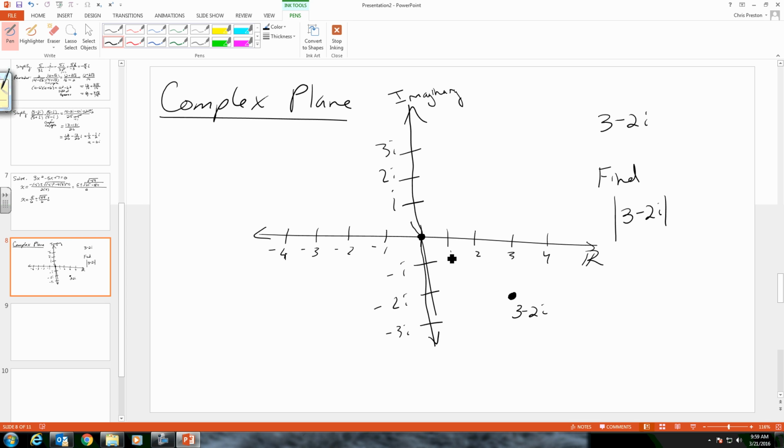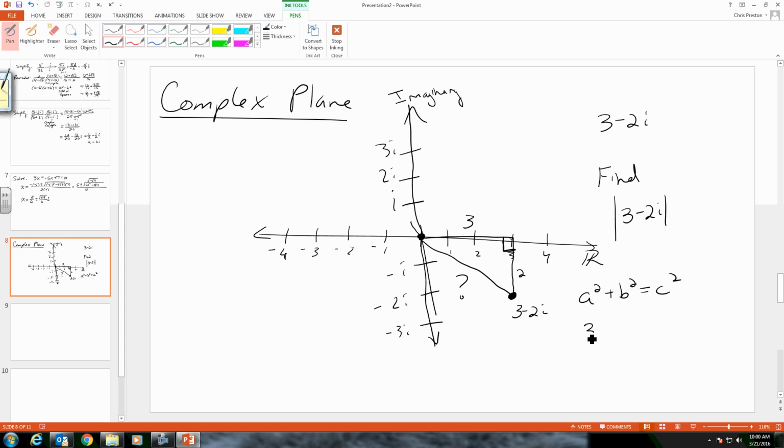Well, let's see, what do we know? We know it's 3 units this way, and we know it's 2 units this way. And the question is, how far is it diagonally? Well, if my drawing skills were a little bit better, what we'd see is this is a right triangle, and we know something about the sides of a right triangle. a squared plus b squared equals c squared, the Pythagorean theorem.